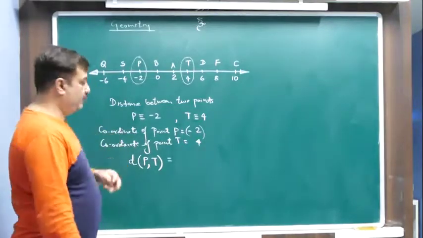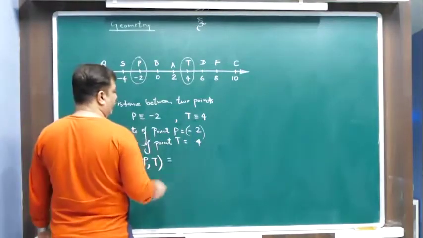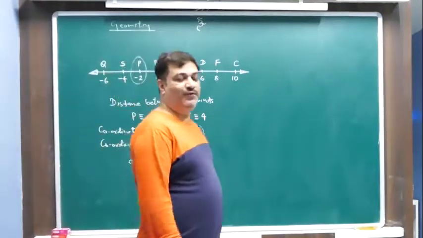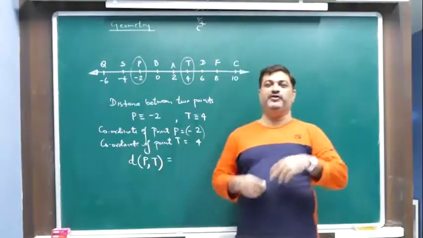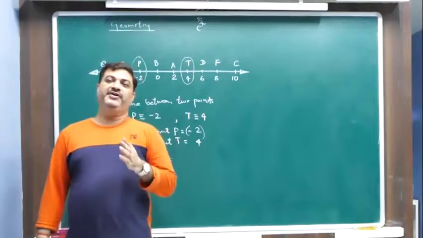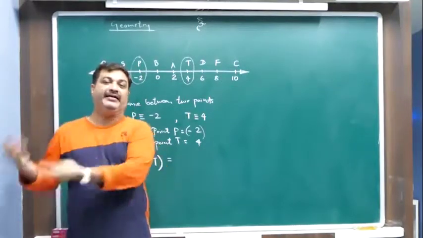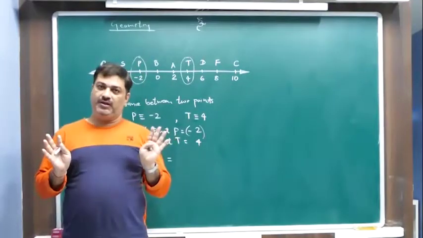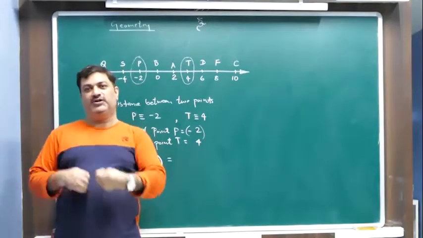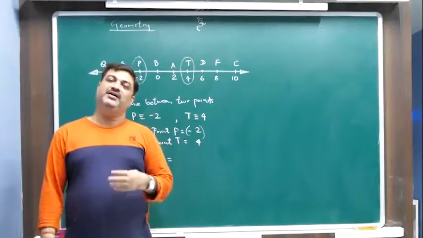Is that clear? Some of you might be confused how to find out which coordinate is greater. See, it's very simple. On a number line, whichever coordinate will fall to the right will be greater.